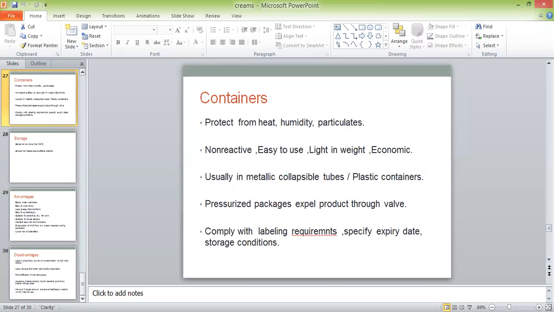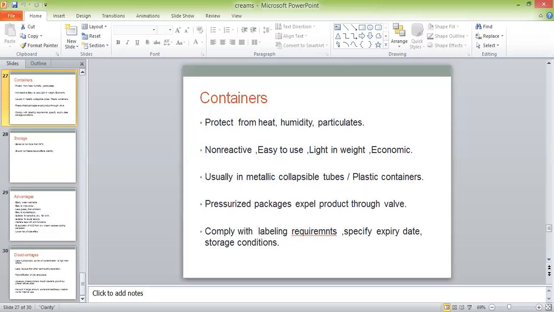The container should be non-reactive, so it should not react with the product, and it should be easy to use. It should be light in weight, so it can be carried by the patient easily in a purse or during traveling. It should be economical, not very costly or expensive, so it is affordable both to the manufacturer and, in return, to the patient.